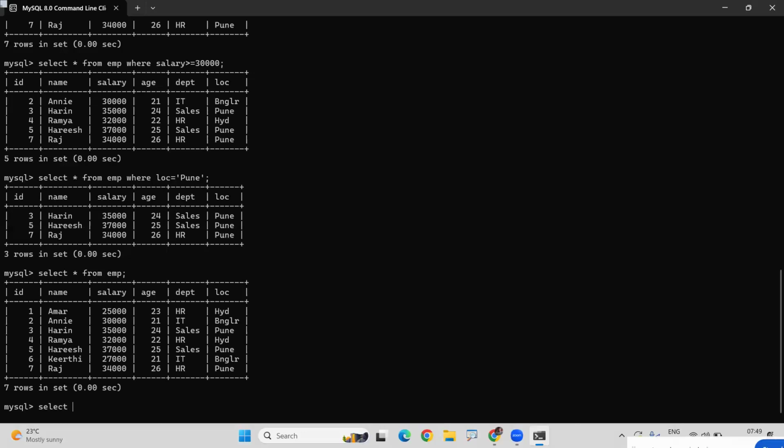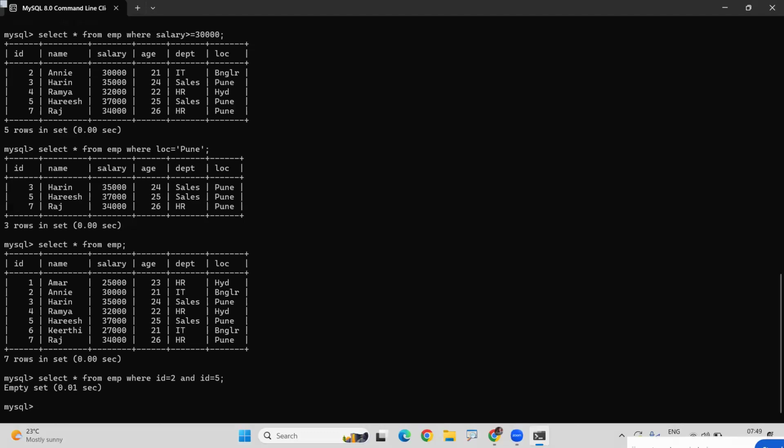Select star from employee where ID equals to second record. You can't use and. ID equals to fifth record, because at a time ID cannot be equal to both 2 and 5.